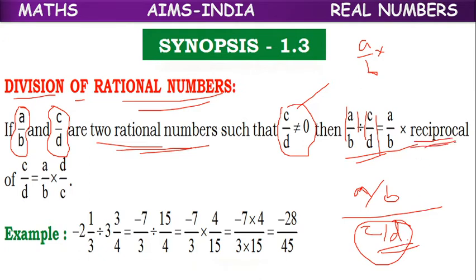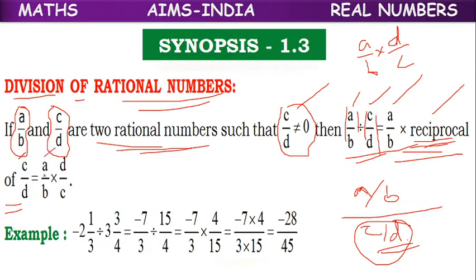But while turning into multiplication, the denominator will be changed. We have to take the reciprocal of c by d. Reciprocal of c by d means d by c. So we can write division of two rational numbers as the product of the first rational number and the reciprocal of the second rational number.